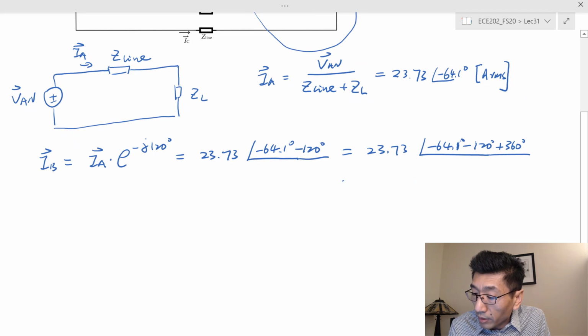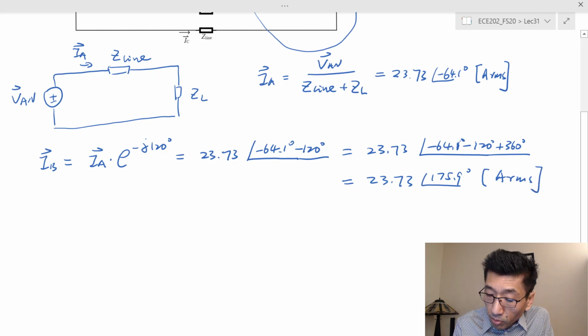So therefore, I get the angle as 175.9 degrees. And again, this is an RMS value. And so therefore, for IC, I can go with just IA times e to the j120 degrees.